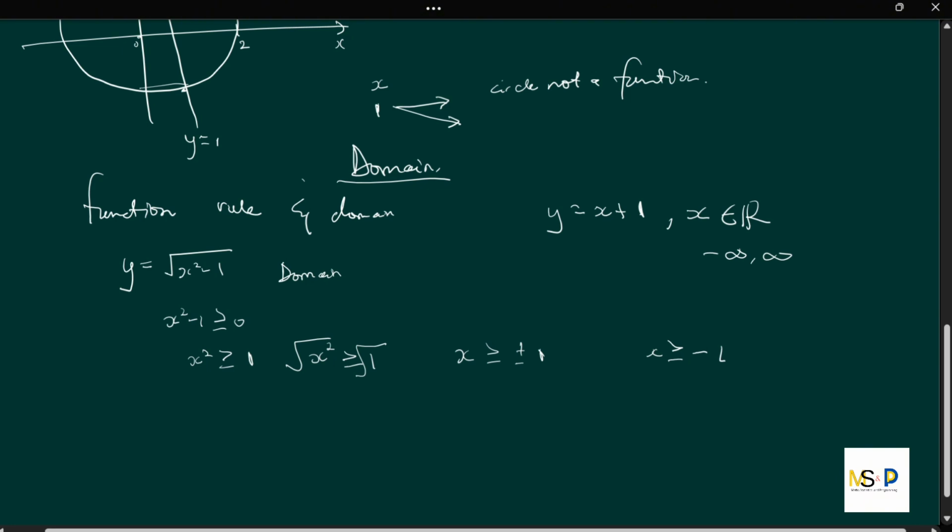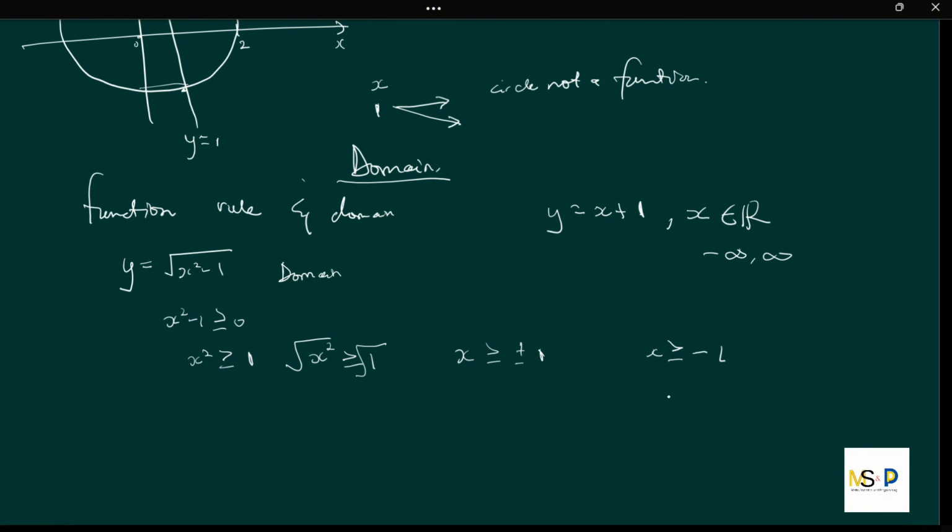Actually, this range also includes the numbers x greater than or equal to 1. So it's as good as taking x greater than negative 1. But anyway, if we take x greater than negative 1, our function is going to be defined for y is equal to the square root of x squared minus 1.